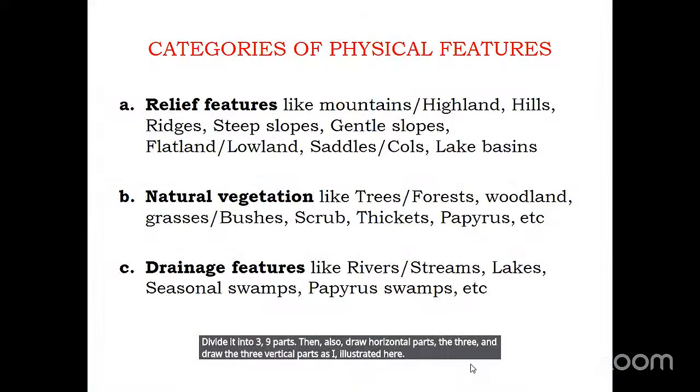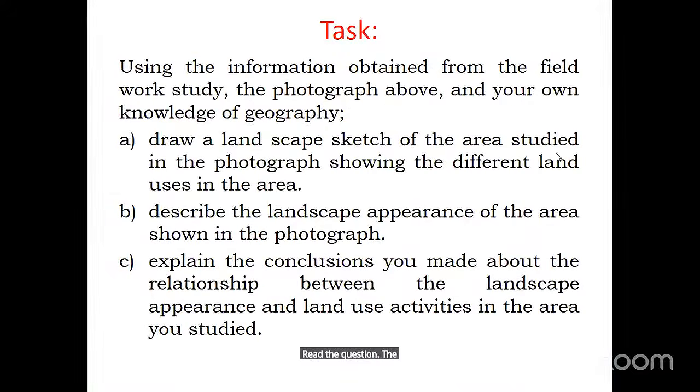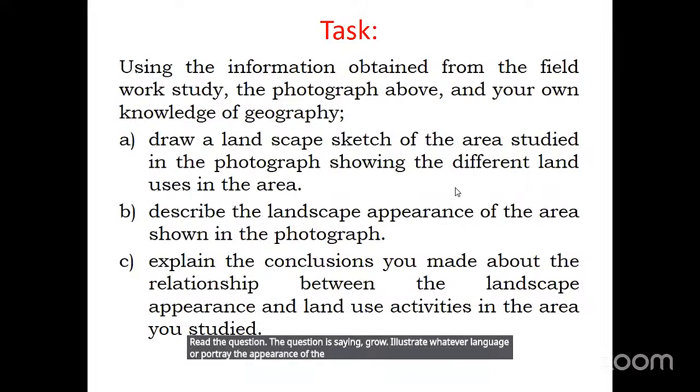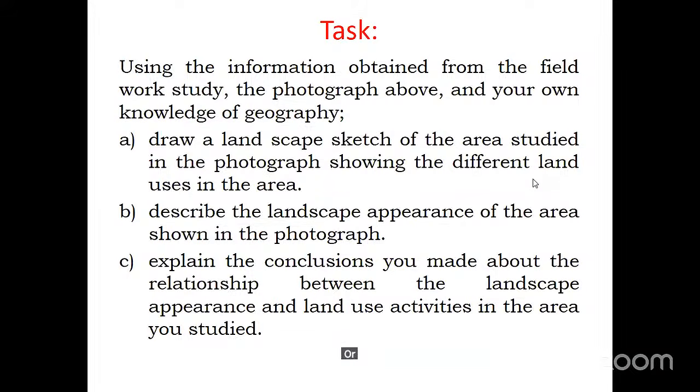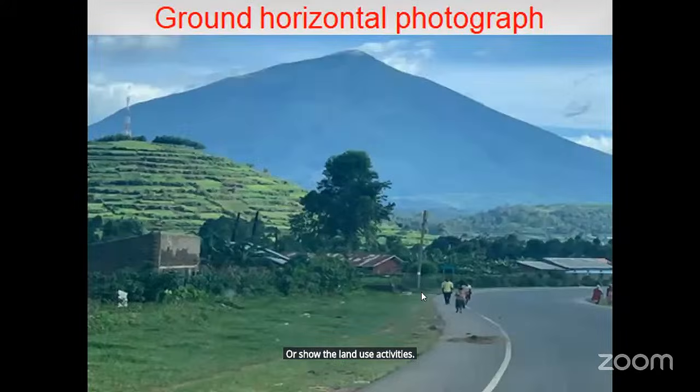Read the question. The question is saying, draw, illustrate, whatever language, or portray the appearance of the land, and on it mark, name, or show the land use activities. On that question paper, I want you to be able to write on it that here there is what?